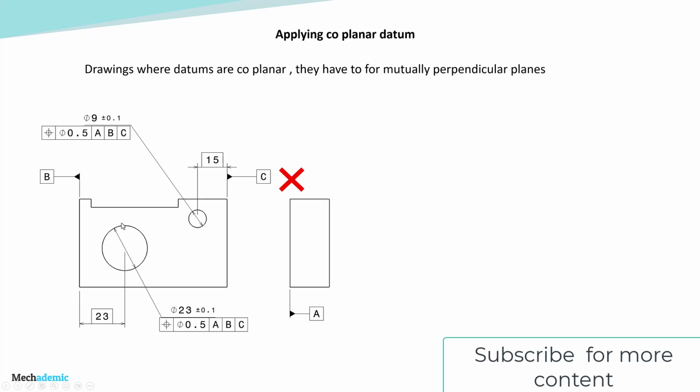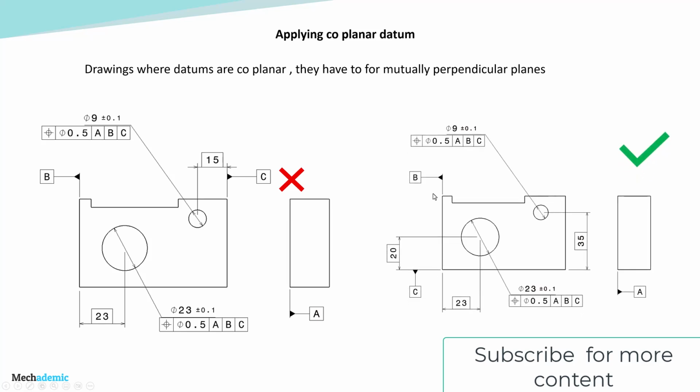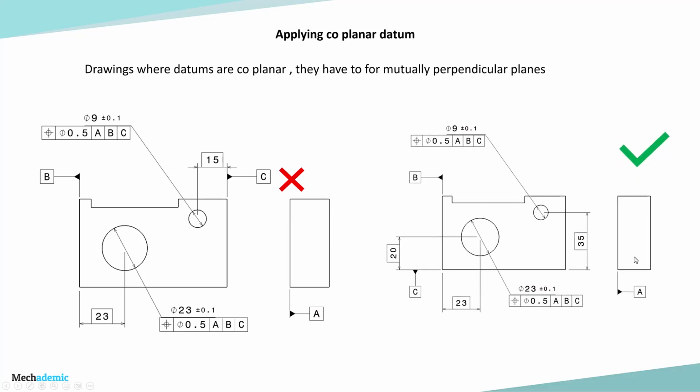Even over here, the hole is being controlled with respect to its position with respect to datum A, B and C. So such coplanar datums should not be applied on the drawing. Instead, we should use mutually perpendicular planes as datums. So A, B and C over here are 3 mutually perpendicular planes, mutually perpendicular surfaces ideally.